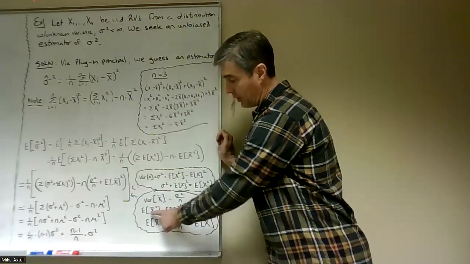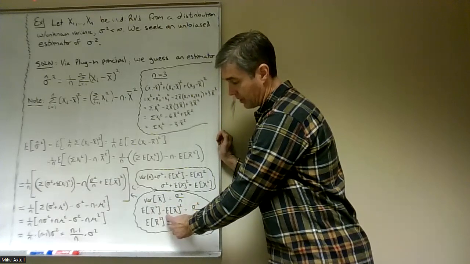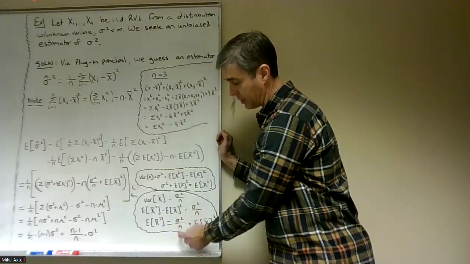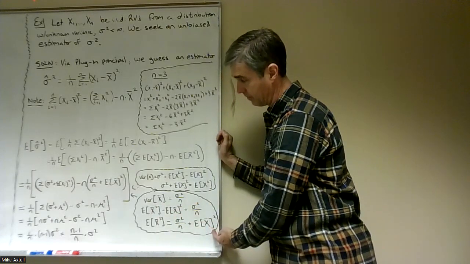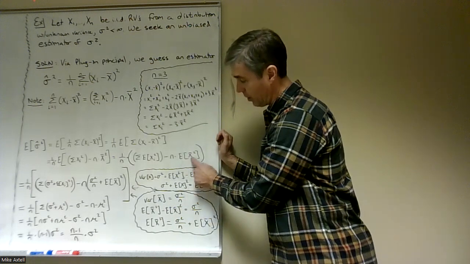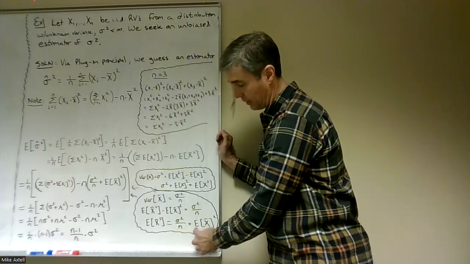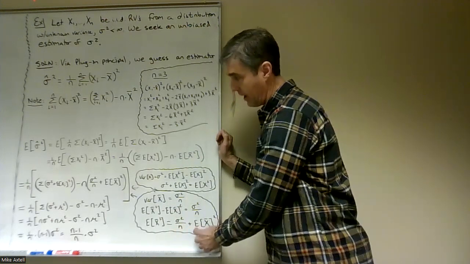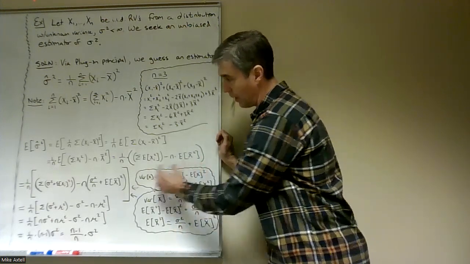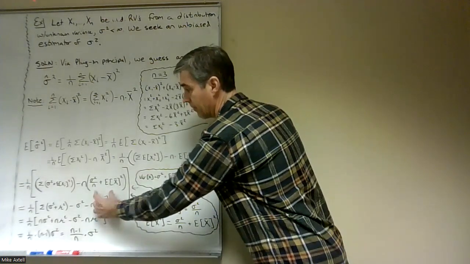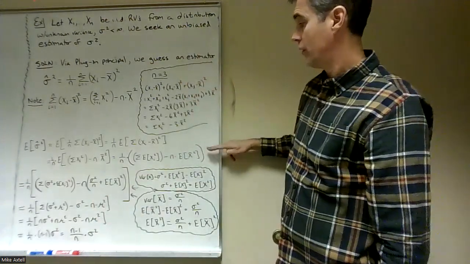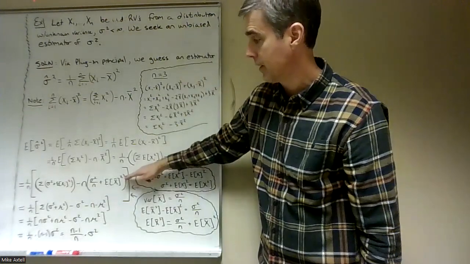And if I solve for E of x bar squared, I'm just going to take this E of x bar quantity squared to the other side. So this E of x bar squared is going to get replaced by sigma squared over n plus E of x bar quantity squared. That's what happens right there. So that's how I made the move from this line to this line.